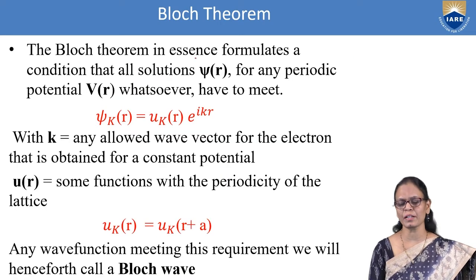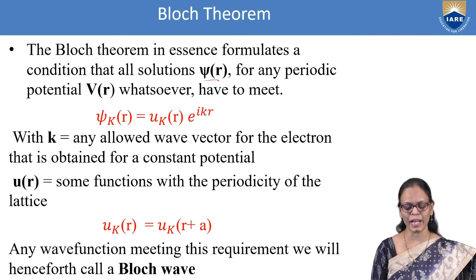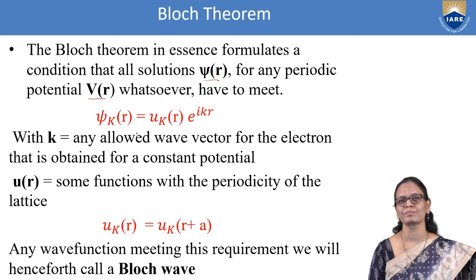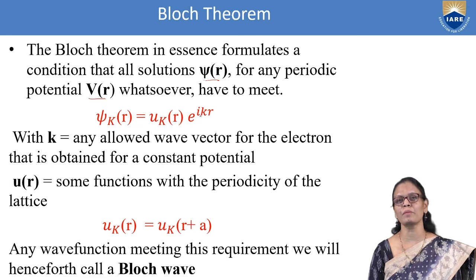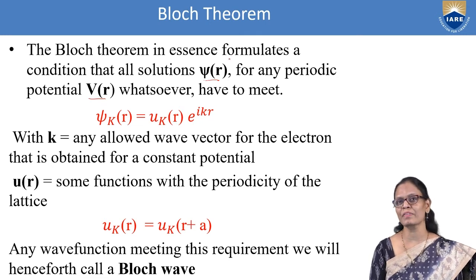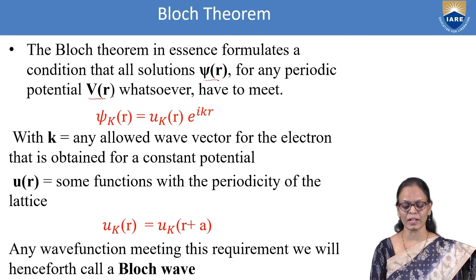Now this Bloch theorem, in essence, formulates the condition that all solutions psi of R for any periodic potential V of R have to meet the condition psi k of R is equal to u k of R e power i k R. We started with the wave function and now we are trying to apply it to the potential.